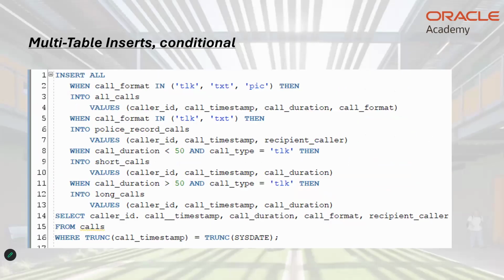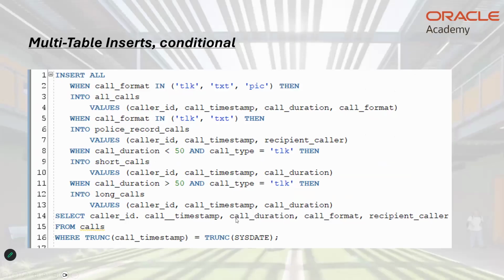Here's another conditional one, and this is actually one that a student used to highlight call format from cell phones, if it's talk or text or picture. If you read through this, and I'll post this, you see that it's basically a when call format is this. If it's in that, then you're inserting it into all calls. If it's this, you're inserting into police recorded calls. When it's call duration, when it's less than 50, it's short calls.